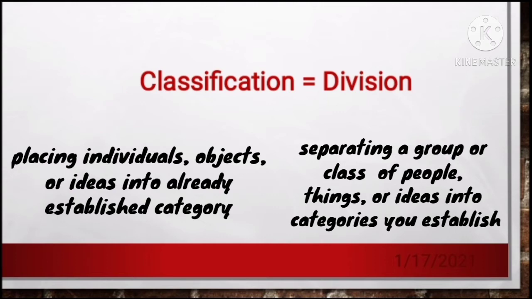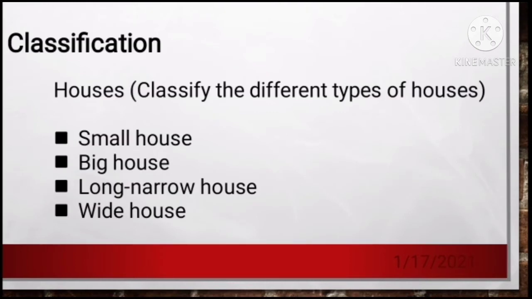Division deals with one thing only. It separates the thing into parts, pieces, sections, or categories. Classification deals with an assortment of things that share certain similarities. For example, in classification, houses: it classifies the different types of houses like small house, big house, long narrow house, and wide house.